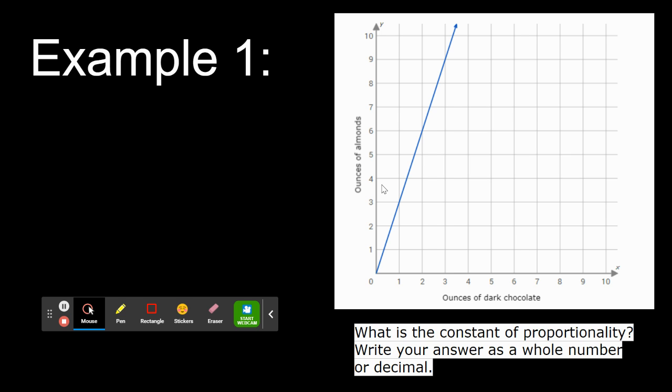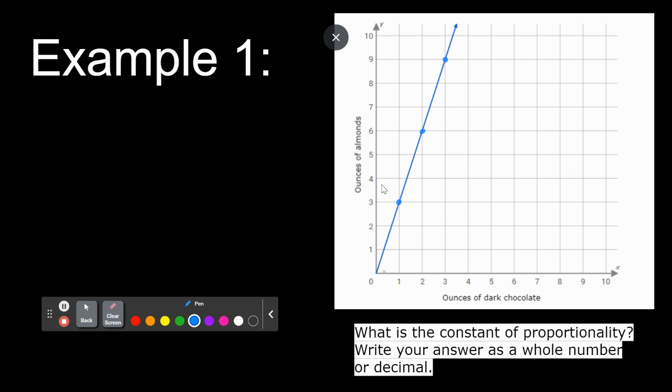So here's our first example. The question is, what is the constant of proportionality? And they want you to write your answer as a whole number or decimal. What I'm going to do on this graph is find a lattice point, where my line intersects with the x, y coordinates.